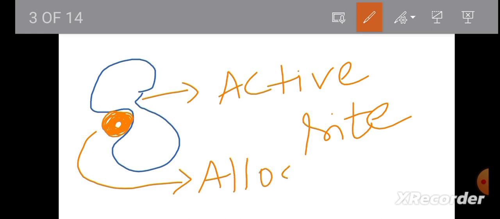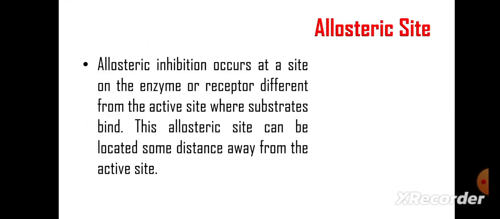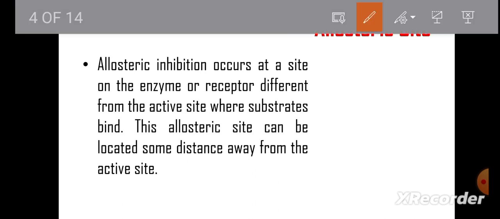This is called the allosteric site or regulatory site. This is the place where the inhibitory molecule will go and bind.